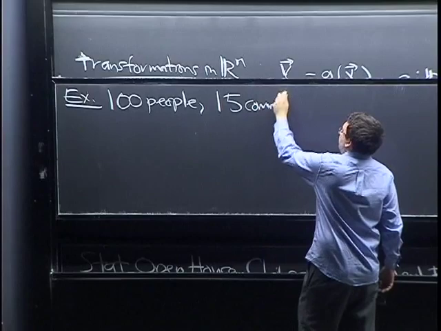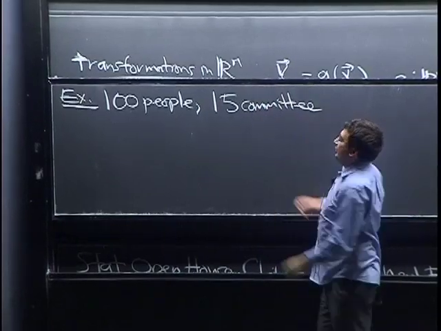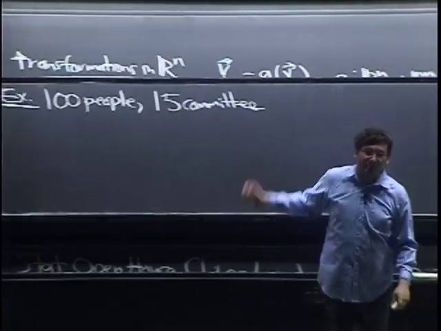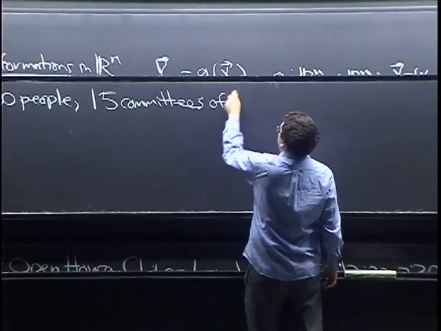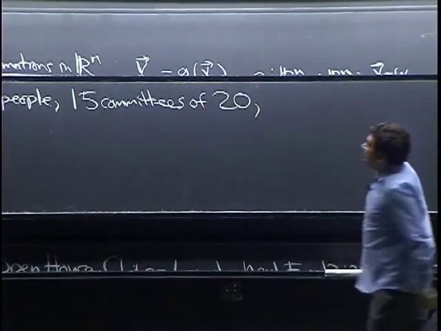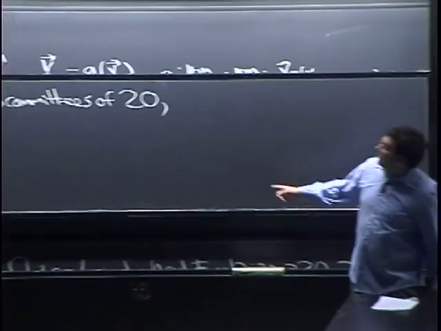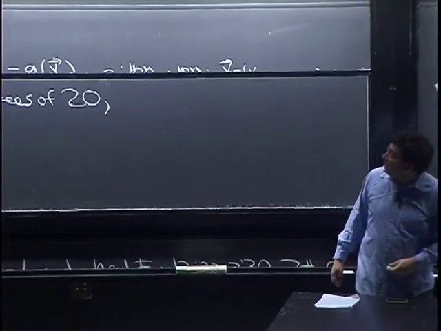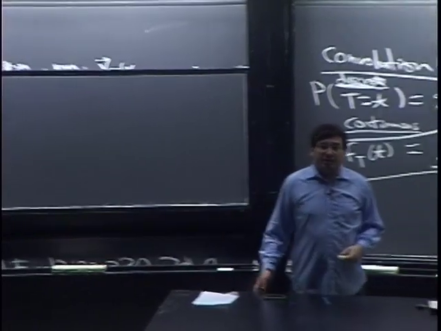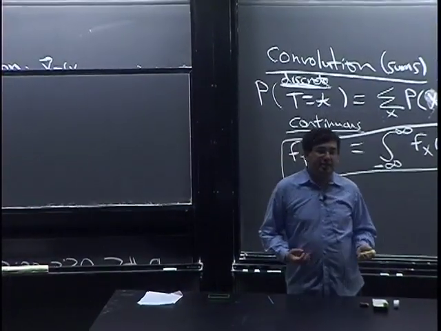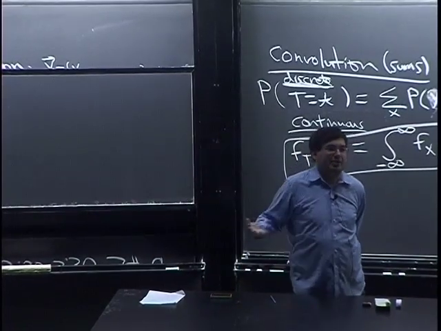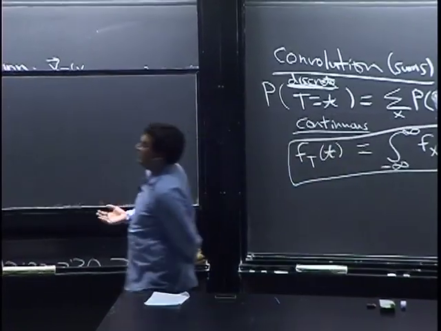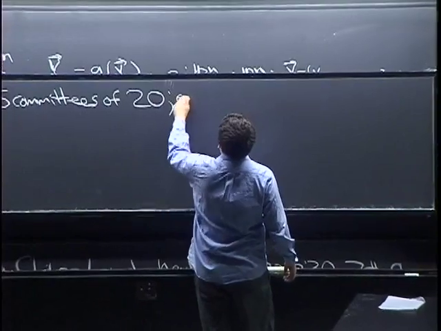I just made up some numbers where it works out nicely, but we could try to do something more general with M and N. So 15 committees of 20, that is each committee has 20 people. I chose these numbers such that 15 times 20 is 300, which means that if everyone is on the same number of committees, then each person is on 3 committees. You can generalize this to cases where different people are on different numbers of committees, but for simplicity, let's assume each person is on 3 committees.